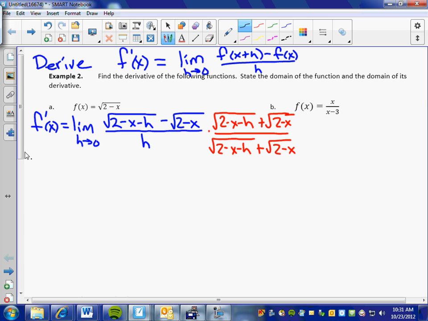I now have the limit as h approaches 0 of, what do you get in the top? 2 minus x minus h minus parentheses 2 minus x. All right, yep, so 2 plus x, divided by h times the sum of the square roots.